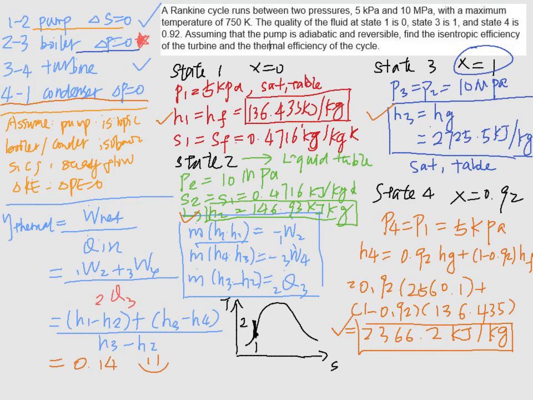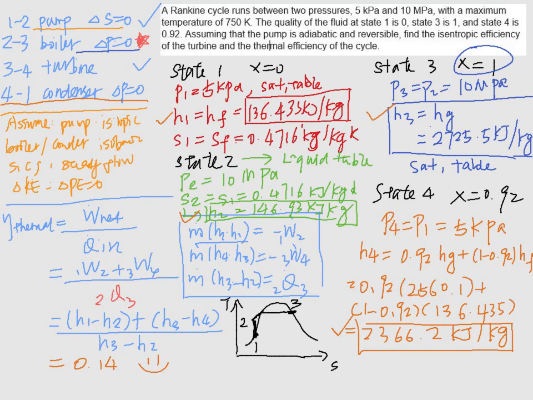From 1 to 2, we increase the temperature and also the pressure. Then we continue to increase the temperature through the boiler till state 3, when the quality is equal to 1. So this is state 3.